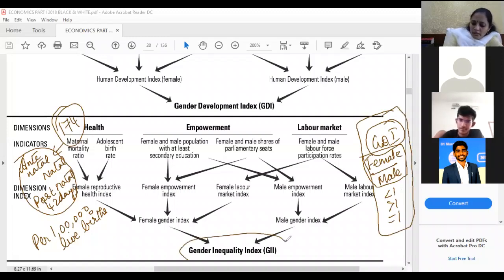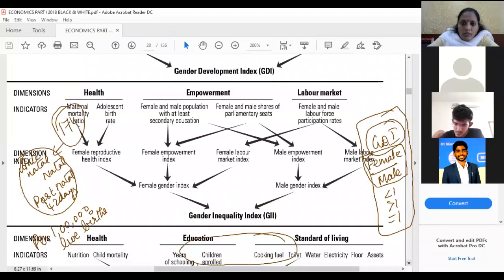Similarly, we have a gender inequality index, right? So here you are going to see that the more the gender inequality index, the more the inequality is actually increasing, right? So I'll show you the data. So that's about your gender inequality index.